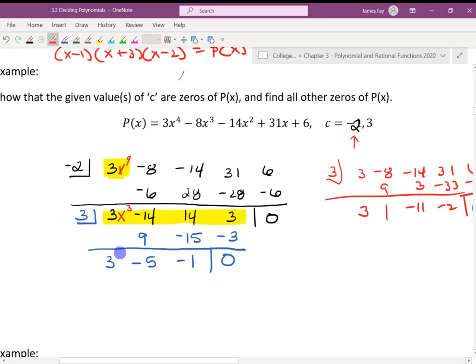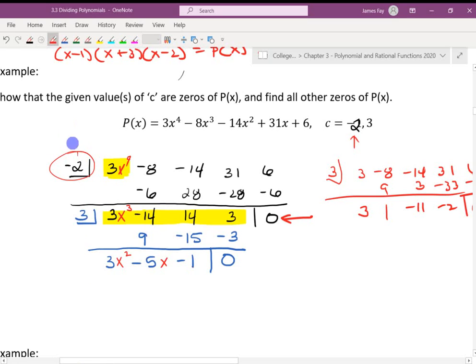So what's that going to depreciate down here to? X squared. And then this would be x to the first, right? So if these are 0, so if this was a 0 right there, that tells us that number right there was the actual 0, right? Okay. So if that was the 0, then x minus that is a factor.